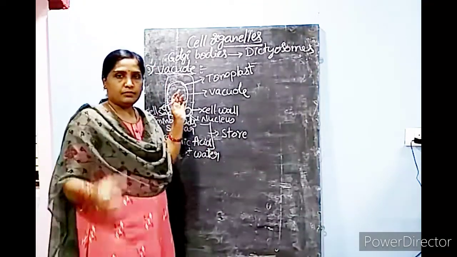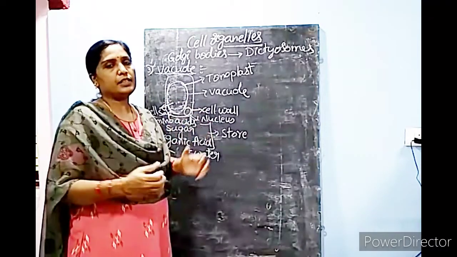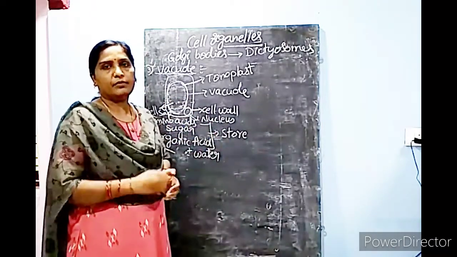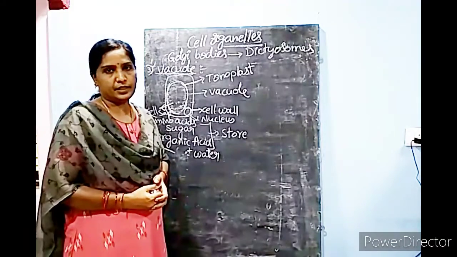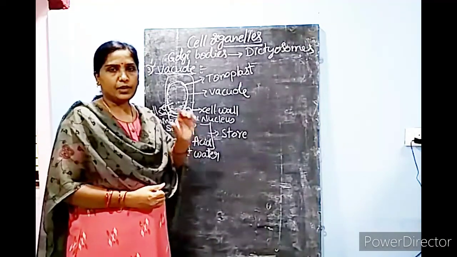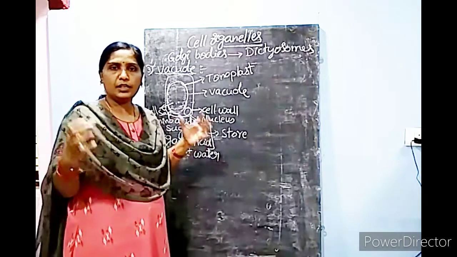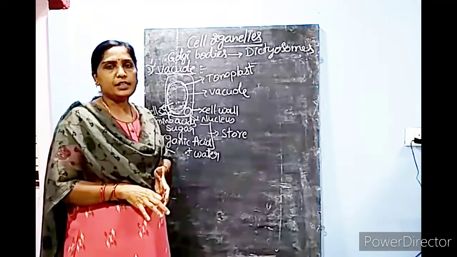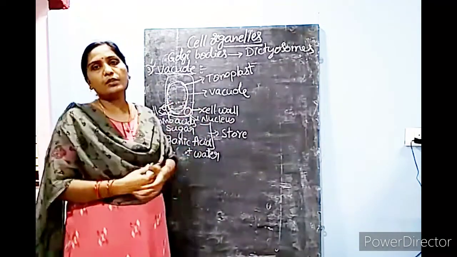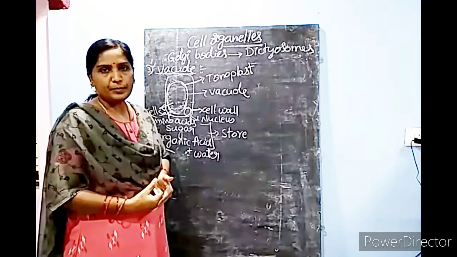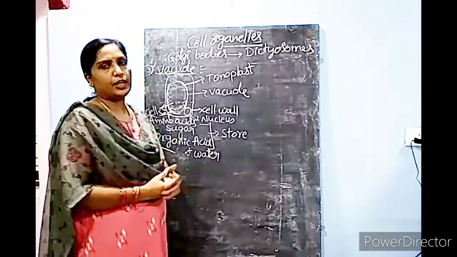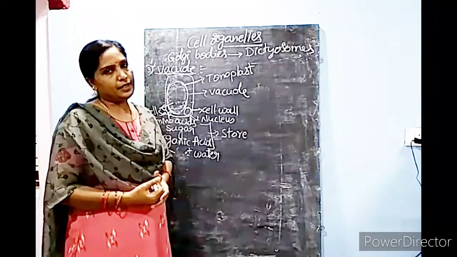Why is the vacuole bigger in plant cell when we compare with the animal cell? In animal cell, the vacuole size is small, whereas in plant cell, the vacuole is very big. The only reason is it needs to store water. For the storage of water, a big vacuole is present in plant cells.